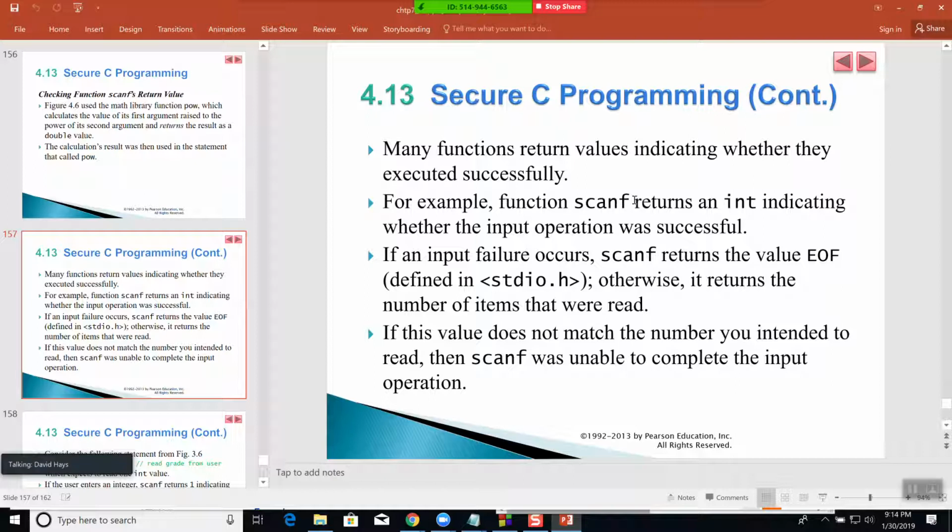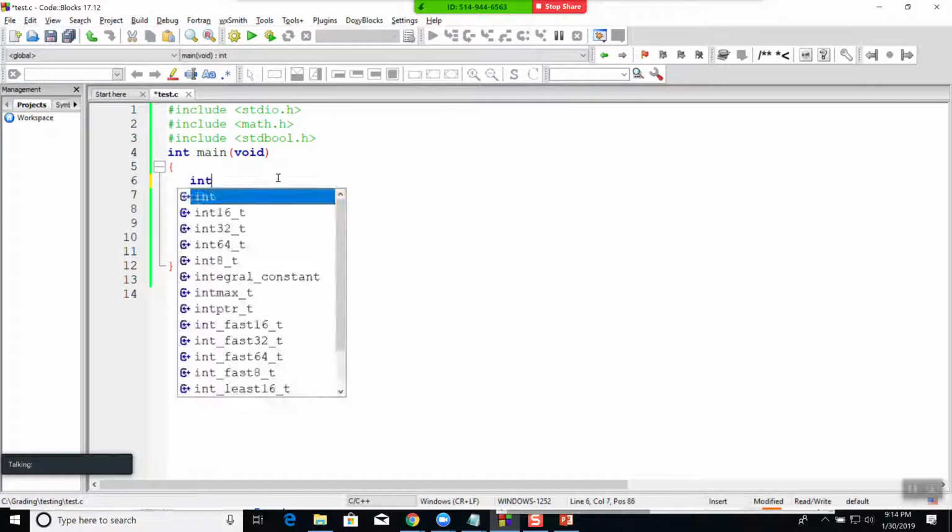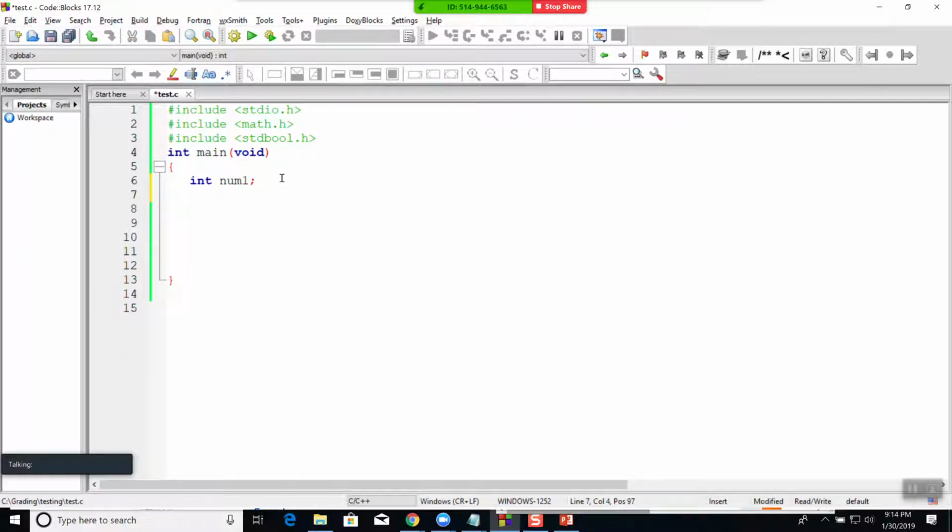Oh, scanf returns an integer indicating whether the input operation was successful. So, if I was trying to program this correctly, printf input num1.